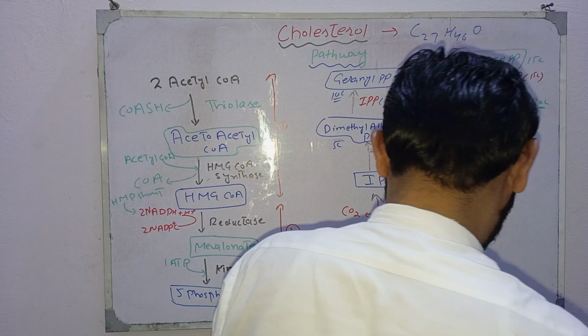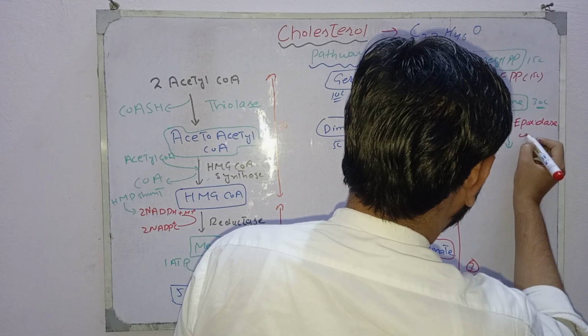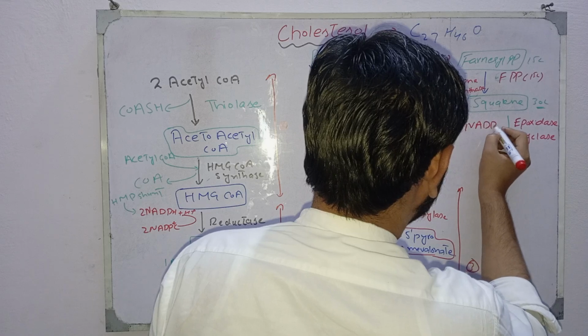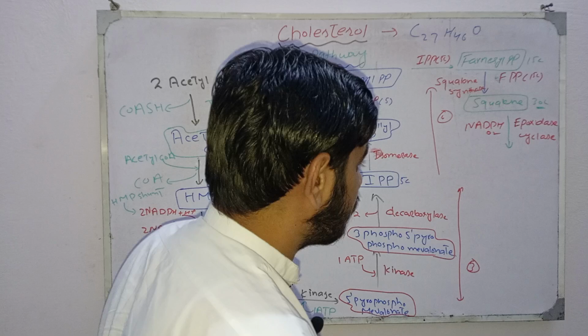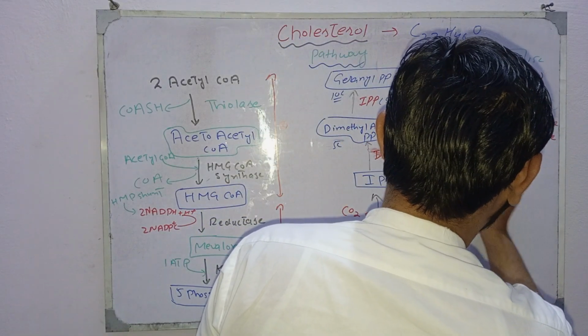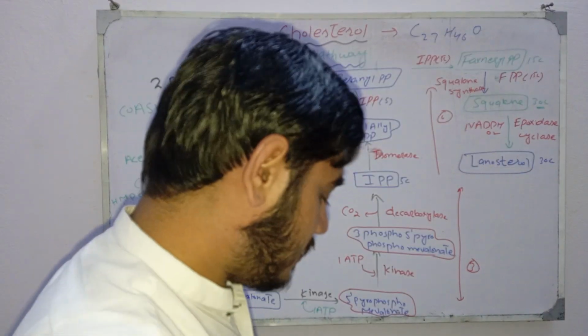Then in next step, with the help of oxidase cyclase enzyme, it requires NADPH and oxygen. It converts into lanosterol, which is a 30 carbon atom containing compound. Okay, students.